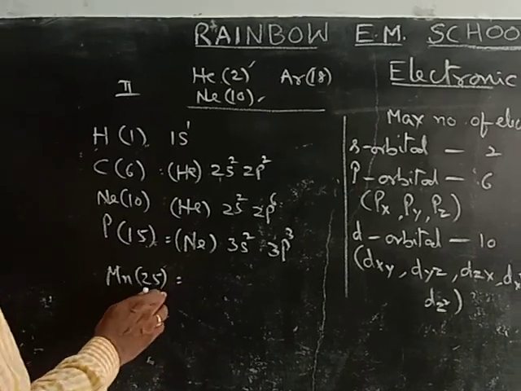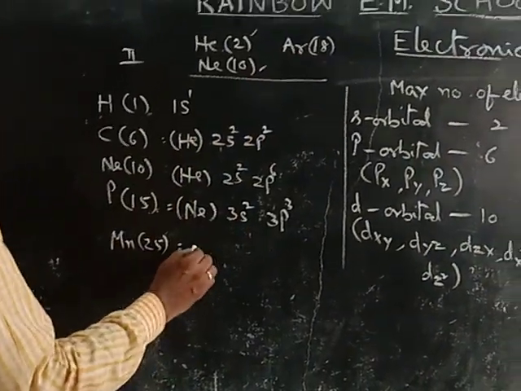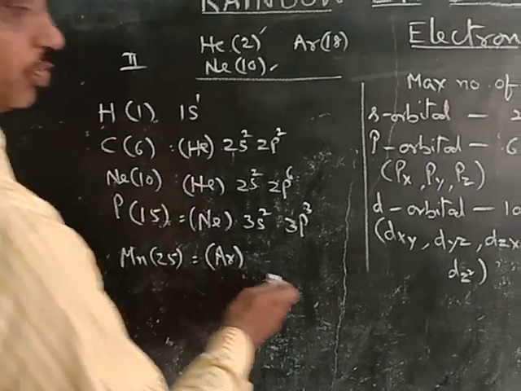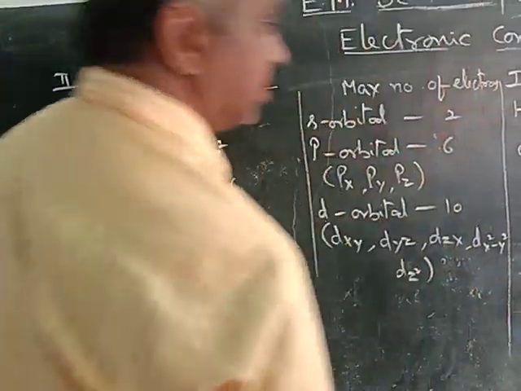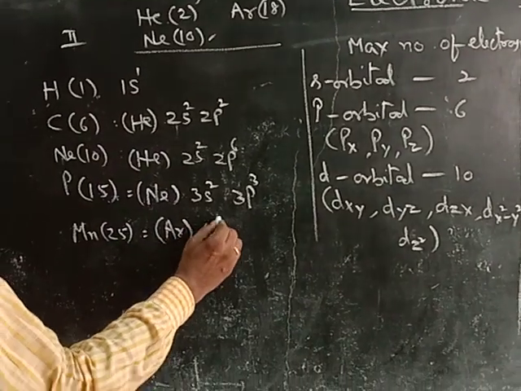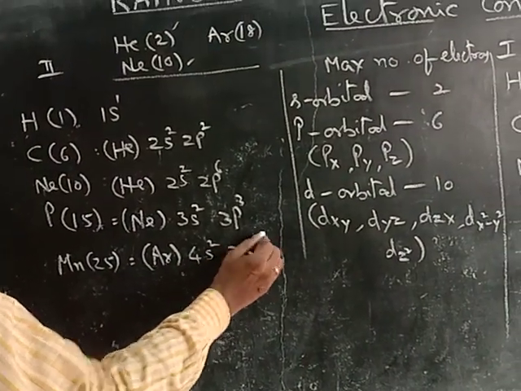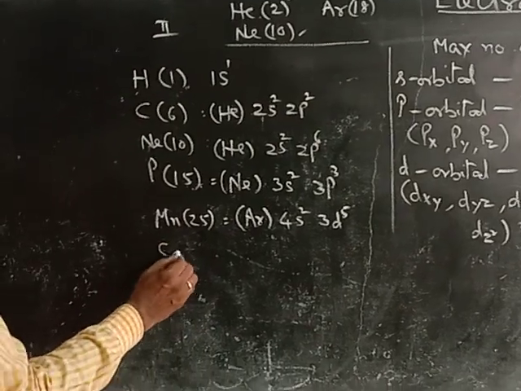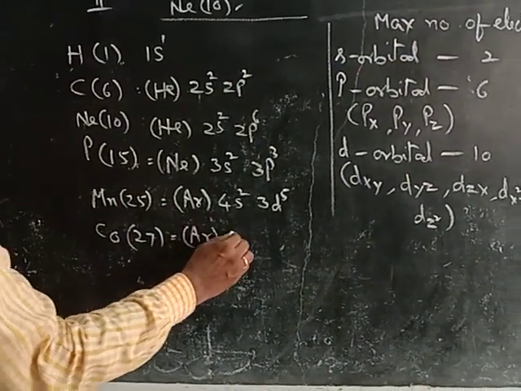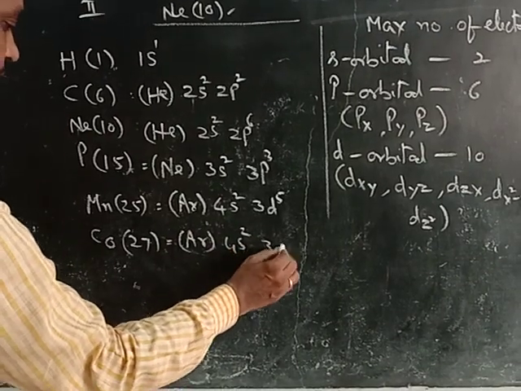Okay, next one is manganese 25. Below 25 is argon, 18 electrons, distribution is already over. Remaining 4s2, 3d5. The next one is cobalt 27: argon, 4s2, 3d7.